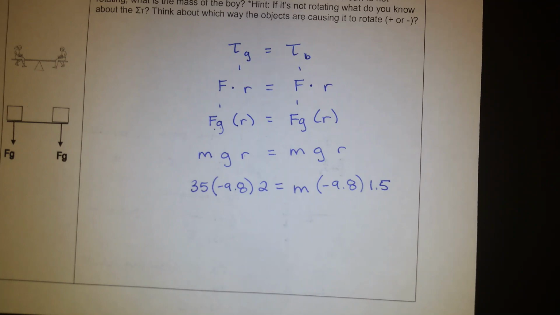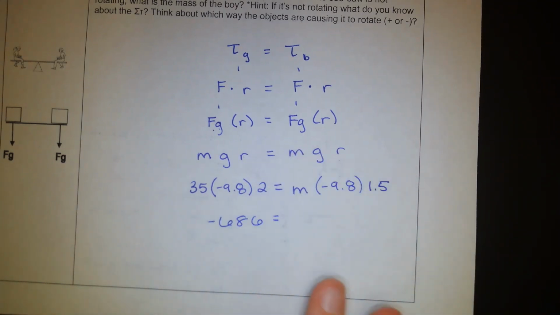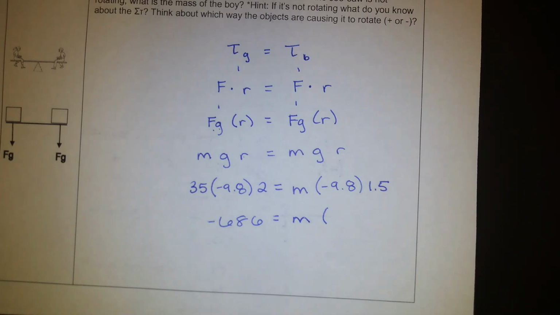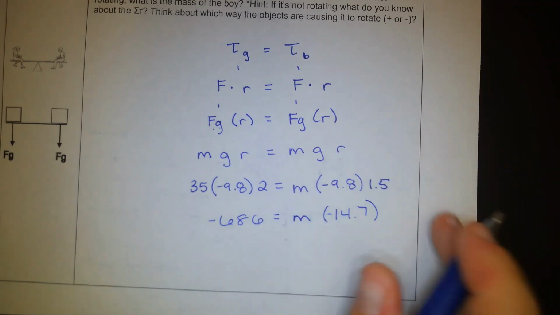I need a calculator. Calculator, 35 times 9.8 times 2, 686. That equals the mass times 9.8 times 1.5, which is 14.7.